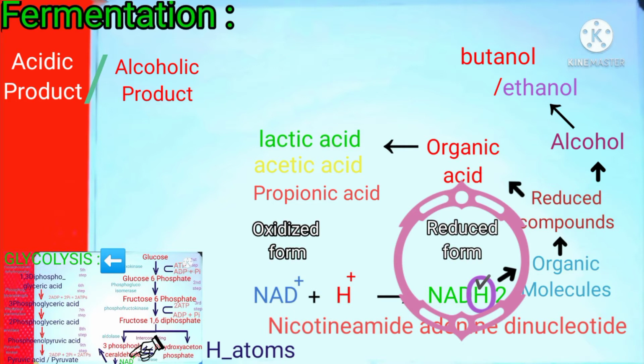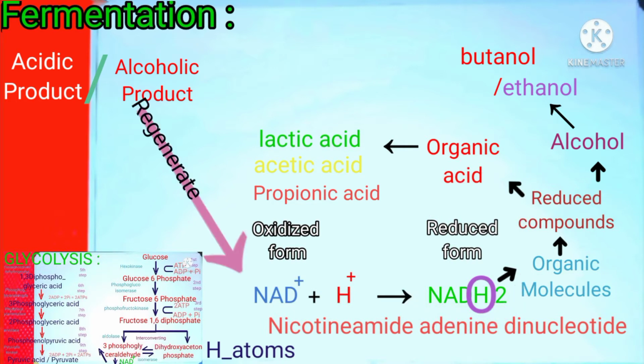So we can say that the fermentation process regenerates NAD, resynthesizes NAD, as this NAD is required to keep the glycolytic pathway going. And we have known in our previous videos prepared for the glycolysis process that all living cells carry out glycolysis to obtain energy, to provide ATP molecules.